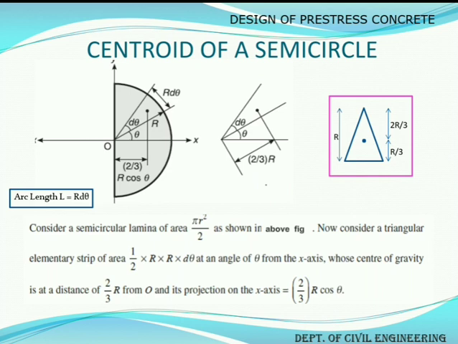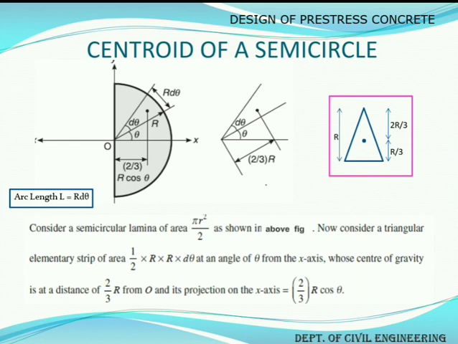Now, in this case, the height of the triangle is nothing but the radius r as shown in the figure. So, for this particular case, our centroid from the base will lie at what distance? R by 3. Therefore, from the tip, that is from point O, it will lie at what distance? 2r by 3. So, this is a very important thing.